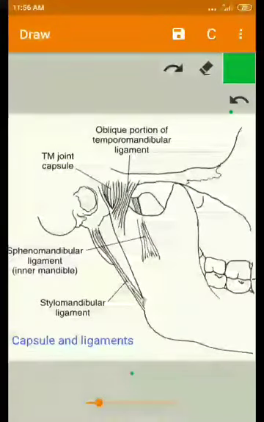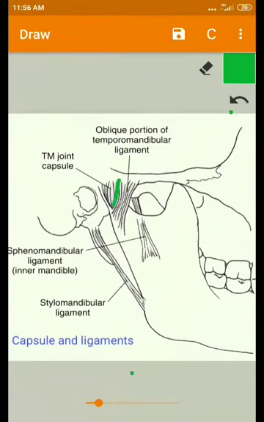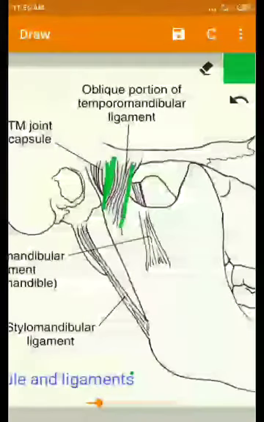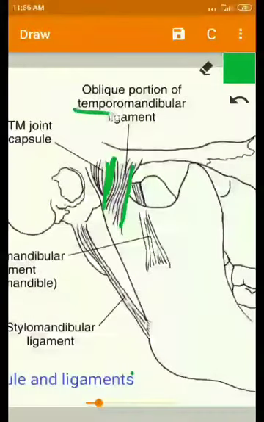Next, coming to the ligaments. The primary ligament of the temporomandibular joint is the temporomandibular ligament. The name itself indicates that it attaches the temporal bone to the mandible.